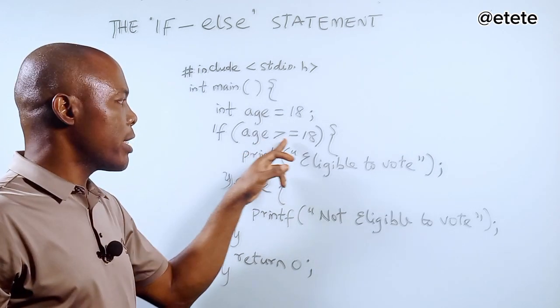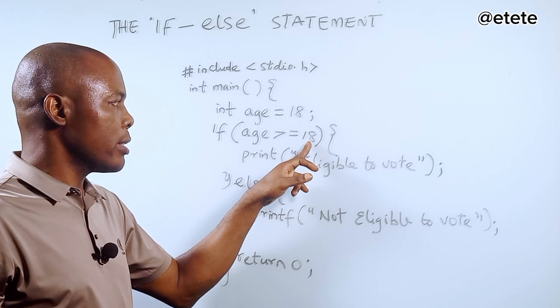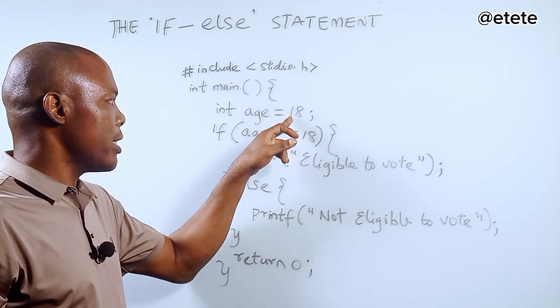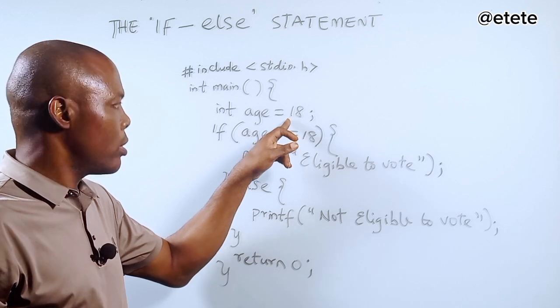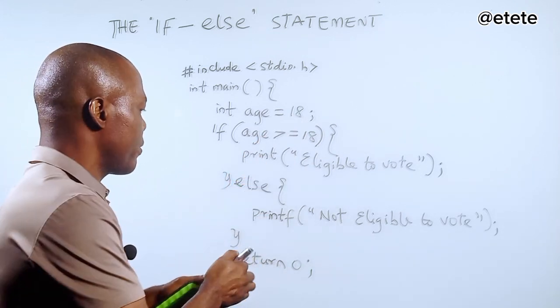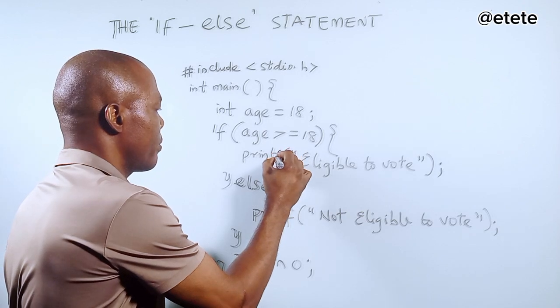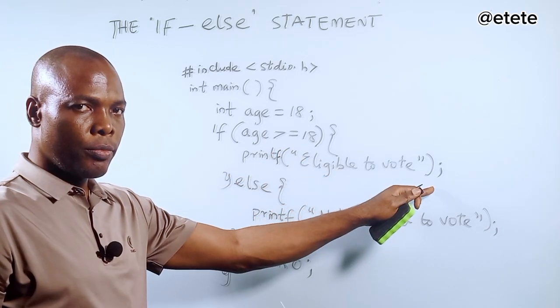So if we check the condition, age is greater or equals to 18, it will go in, it will check, yes, this messenger is 18 years old. So it will allow the messenger to go in. So that is the meaning of printf. Printf, it will print out eligible to vote.